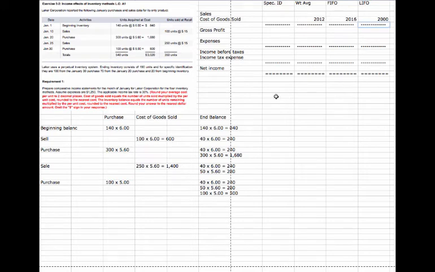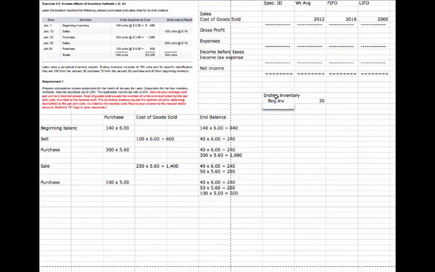So if we were to figure out what my ending inventory is, from the beginning inventory, according to the problem, it says 20 items left.